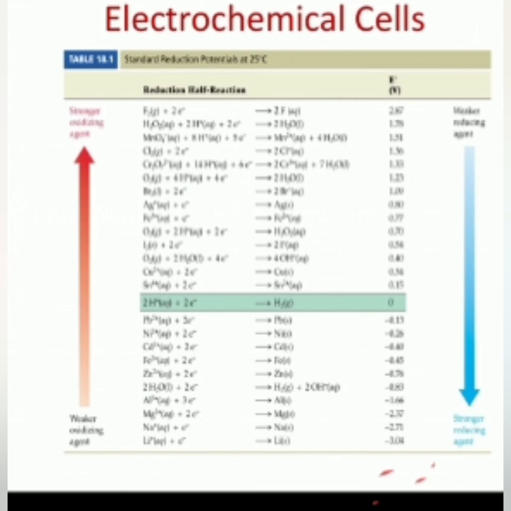Lithium ion is the strongest reducing agent. It means the ions which have negative standard electrode potential are stronger reducing agents, and those which have a positive value, for example 2.87 for fluorine, hence fluorine acts as a stronger oxidizing agent.